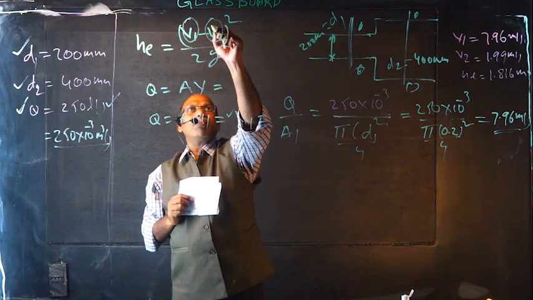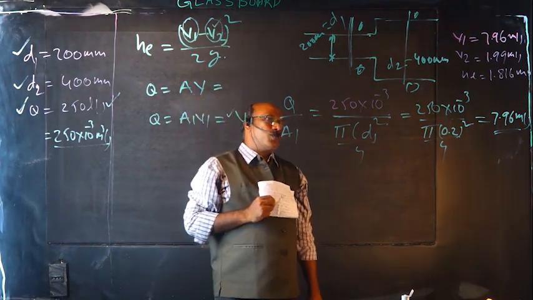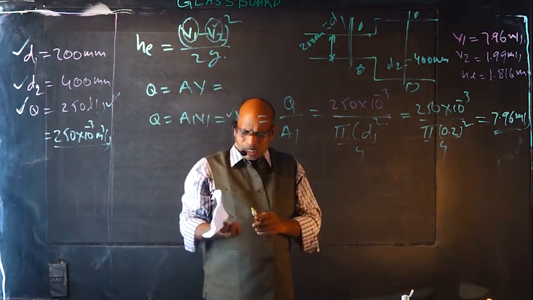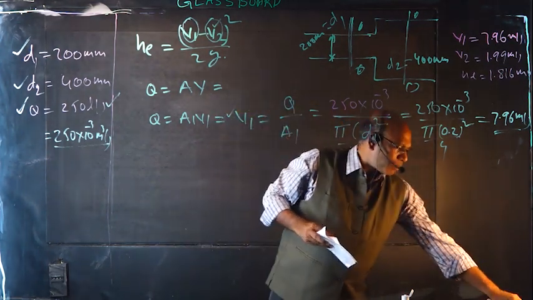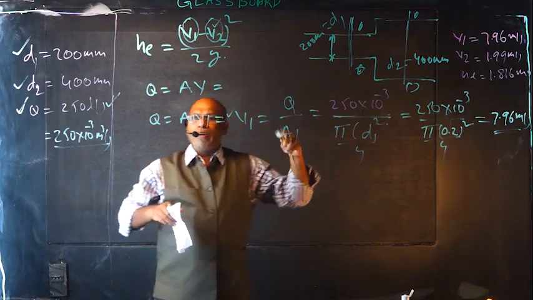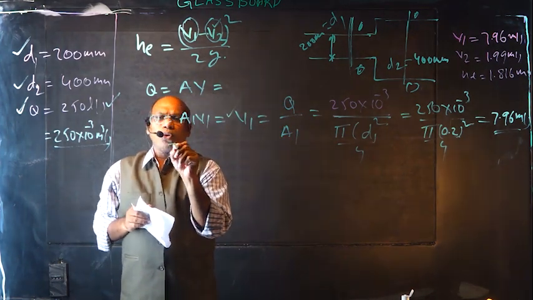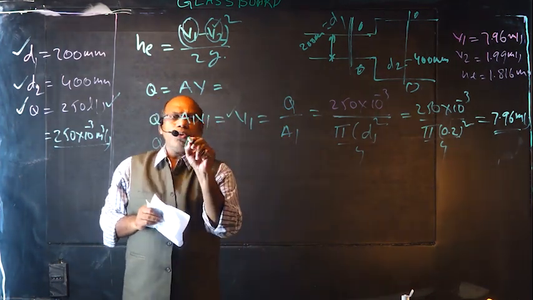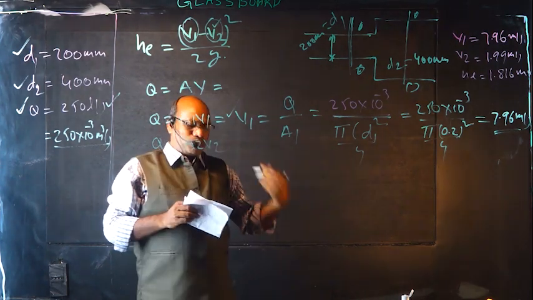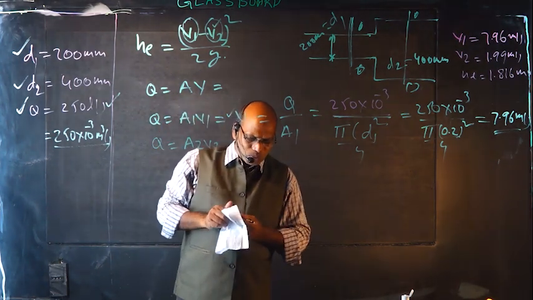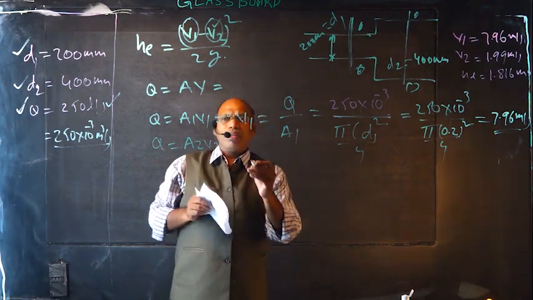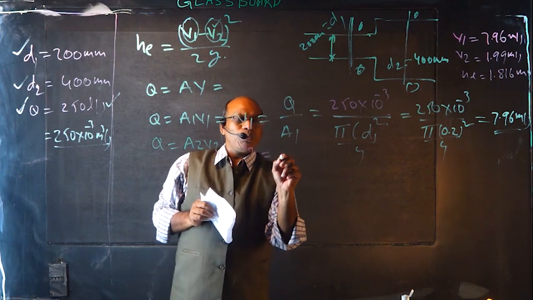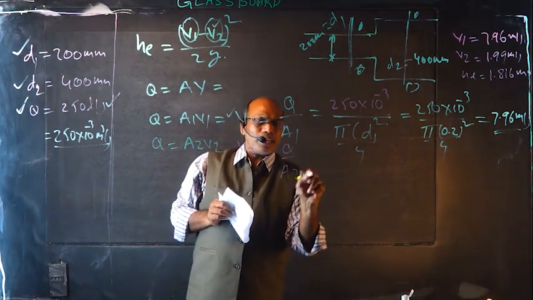Now we are going to determine the velocity at section 2-2. Here also we are going to use the same formula. Q is equal to A2 V2, therefore V2 equal to Q divided by A2.